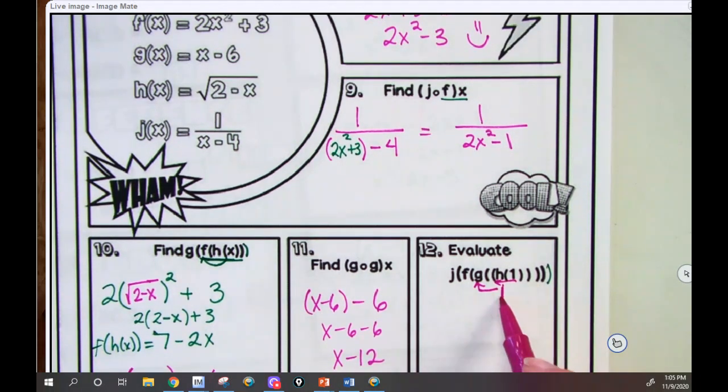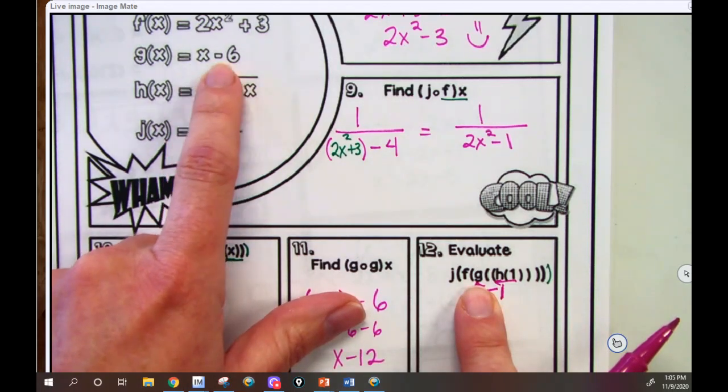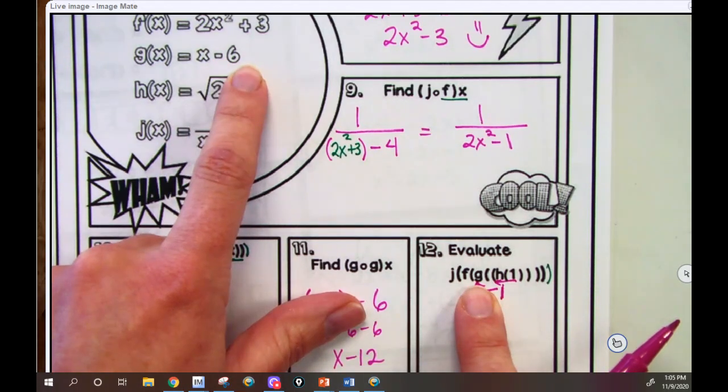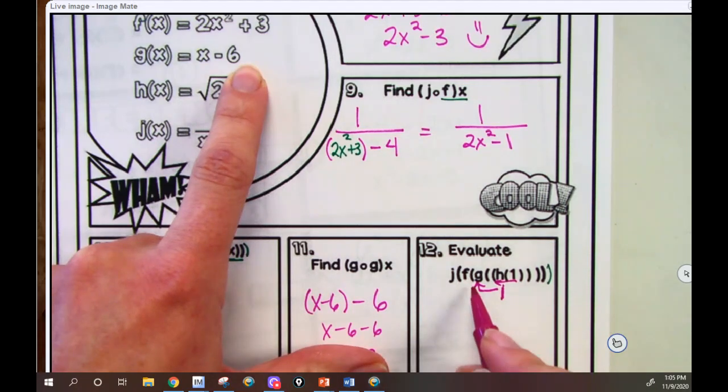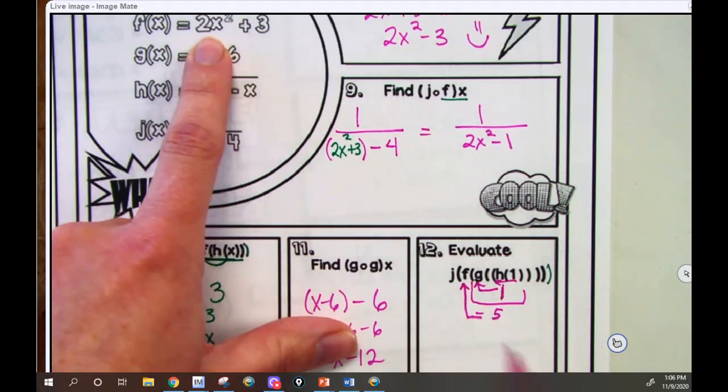So now take that 1 and plug it into... You're seeing the pattern already. G. All right. 1 minus 6 is... All right, so now for this part, we got negative 5. Where are we going to put it? Into f. Negative 5. Into f.